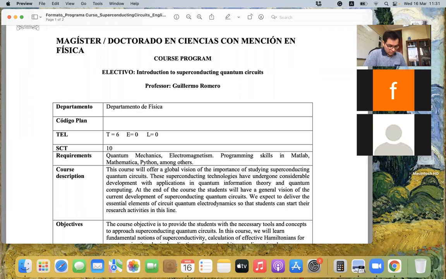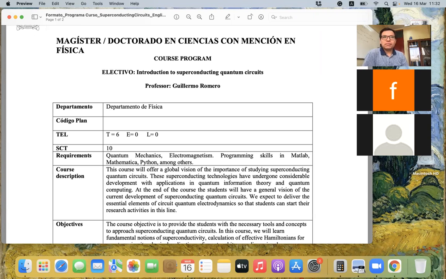Of course, it is important to know that from the microscopic viewpoint, when you cool down a sample and it becomes a superconductor, what really happens is that you form Cooper pairs in the ground state of the system.